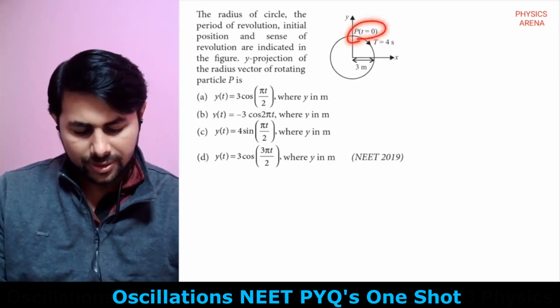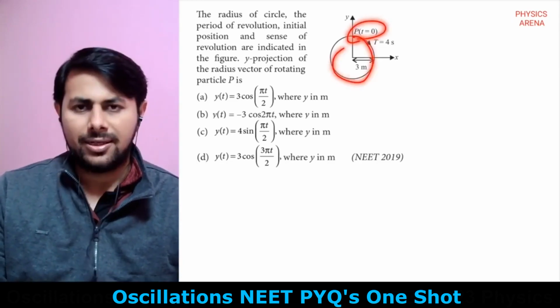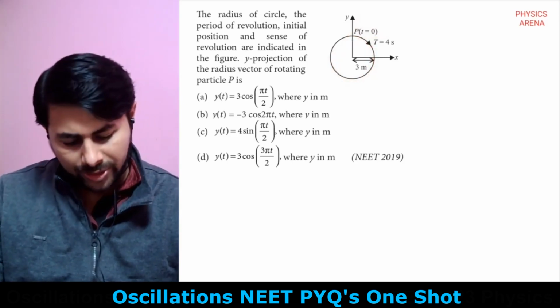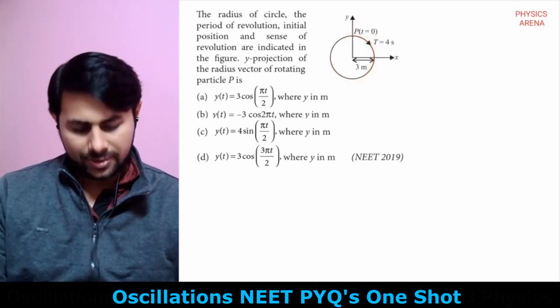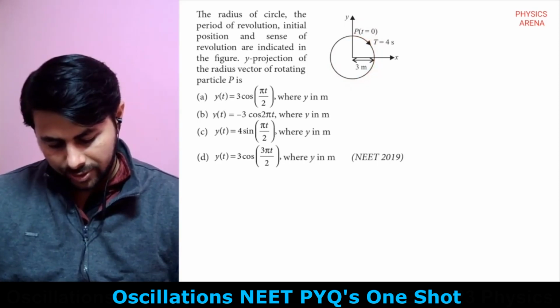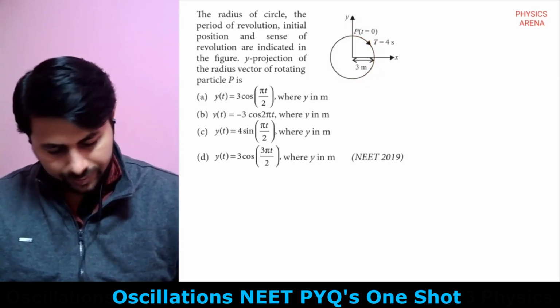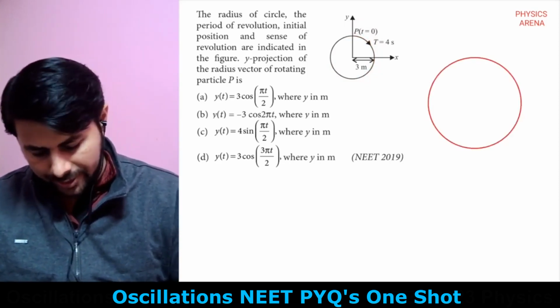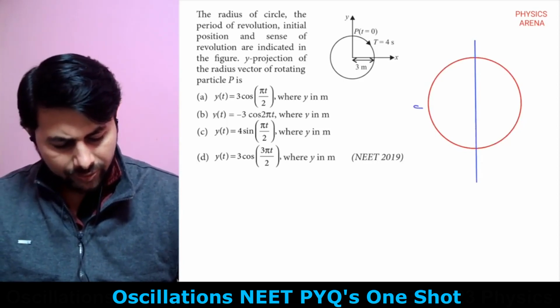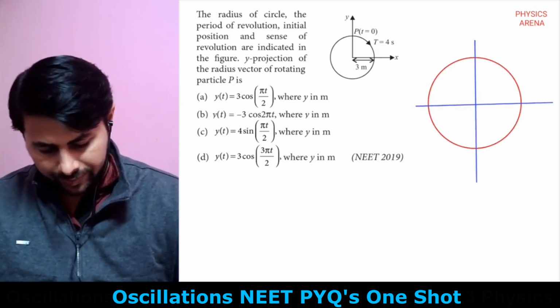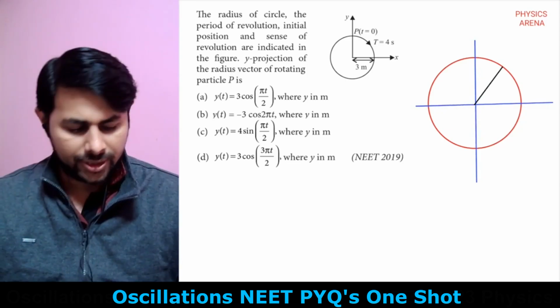It's given, it is moving in clockwise sense. Okay, so how to think about it? See, after some time t, what will happen? It will go somewhere. Let's suppose it goes here.